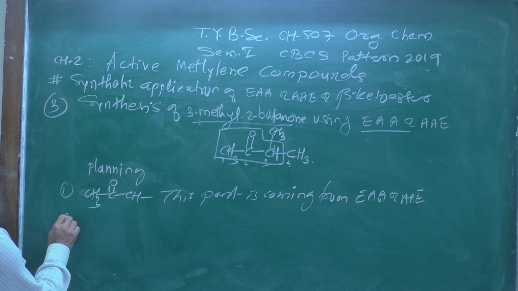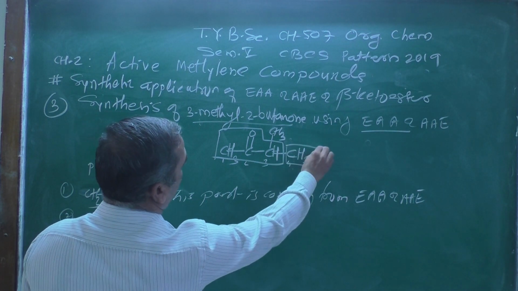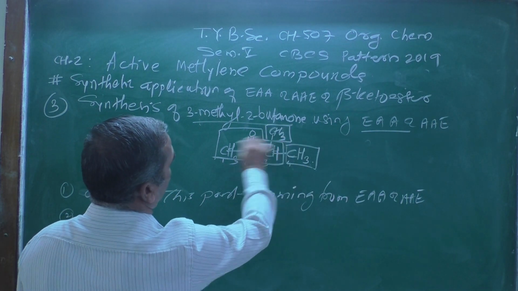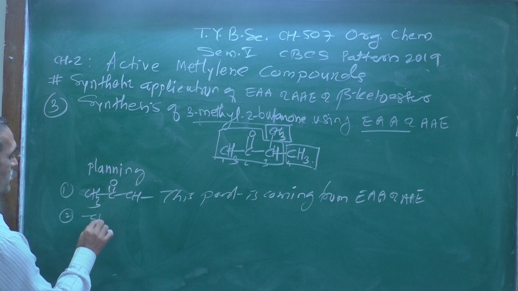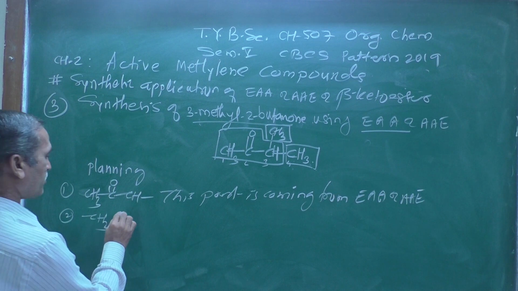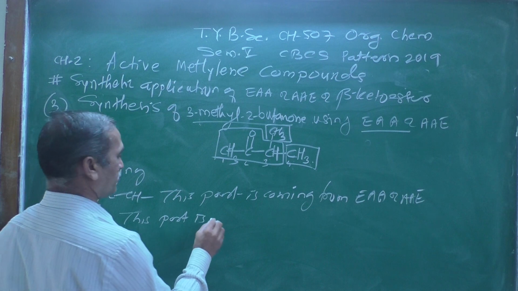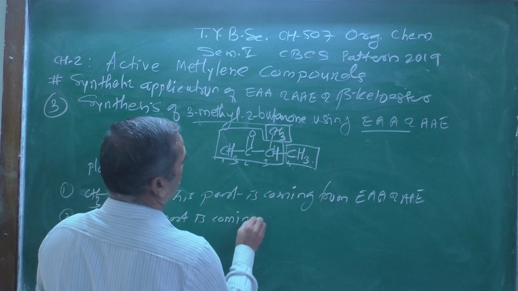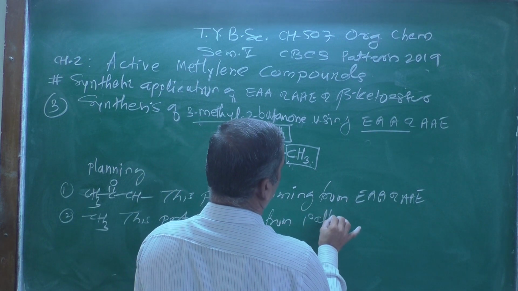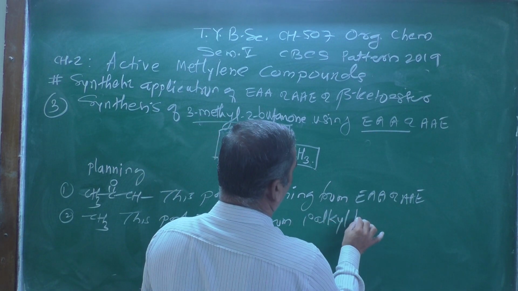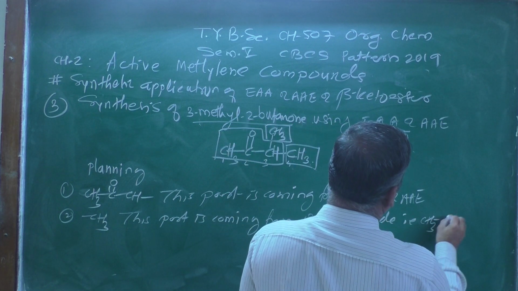In the second point, look here, here is one methyl group, and here is another methyl group. So this CH3 group is coming from a primary alkyl halide, that is CH3 Br.